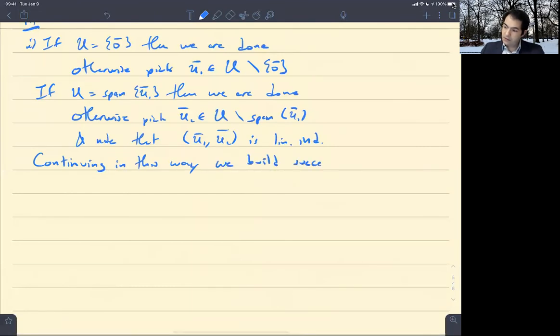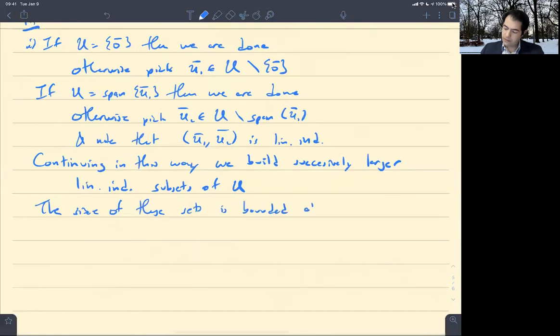We build successively larger linearly independent subsets of U. The size of these sets is bounded above by the dimension of V. So the process must stop after finitely many steps.